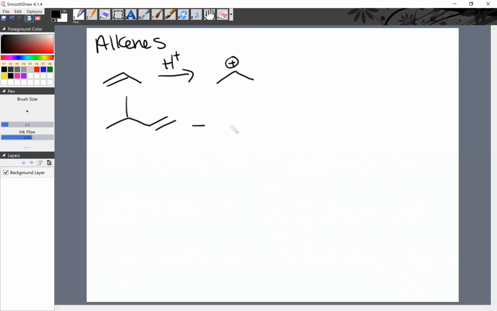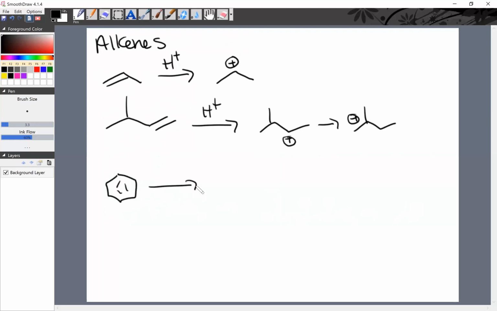And if we did there, the first one would be this one, but it would rearrange to the more stable one. And so under those conditions, you could put an isopropyl group on. Okay, so there's alkenes. So alkenes have to have your acid.